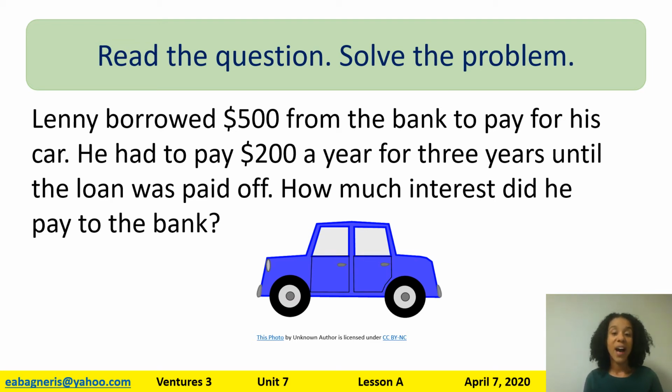Lenny borrowed $500 from the bank to pay for his car. We know he paid $200 a year for a total of 3 years. That's how long it took him to pay off the loan. So how much interest in dollars did he pay to the bank? I'll give you a minute to solve the problem.